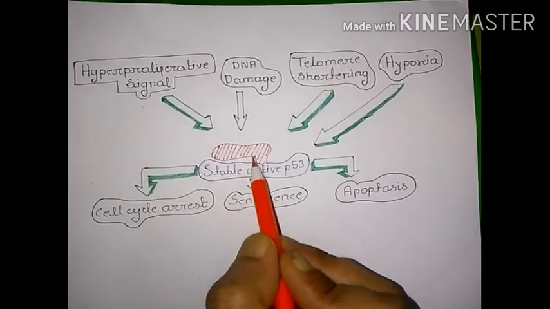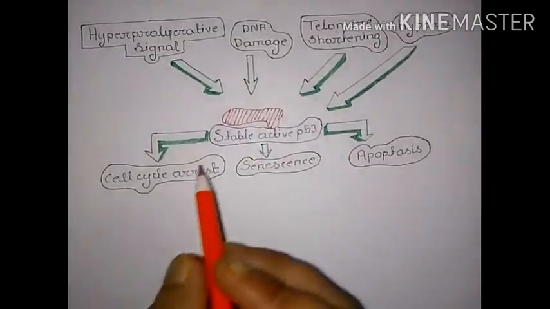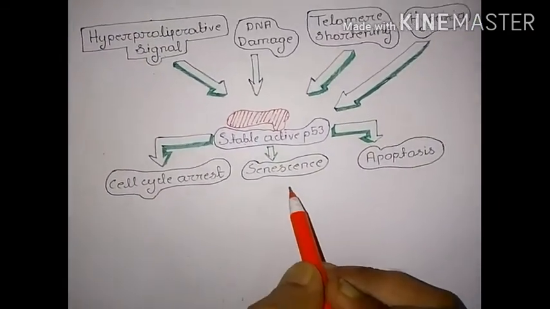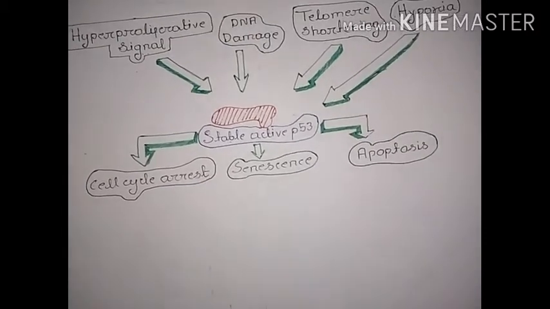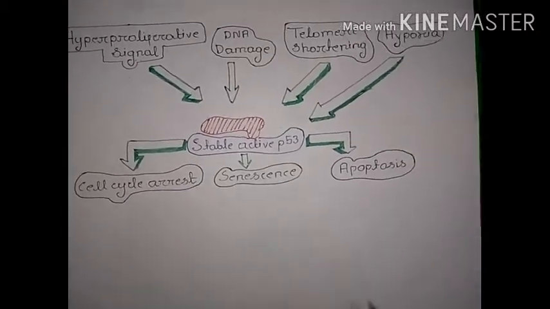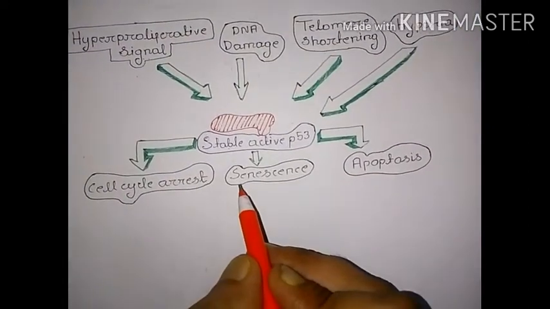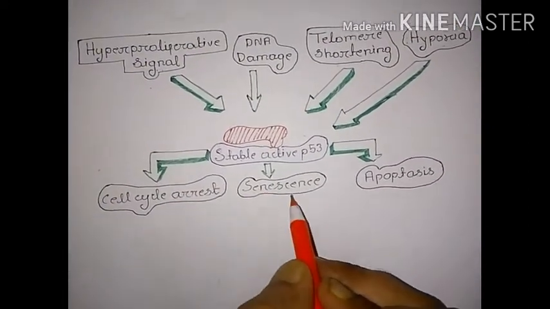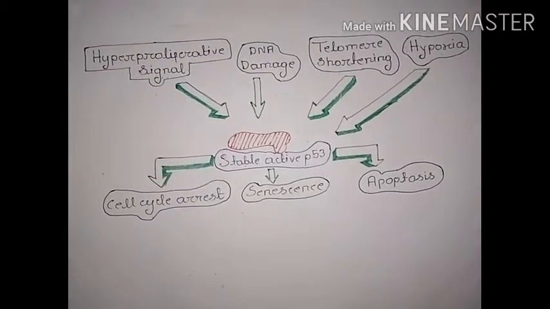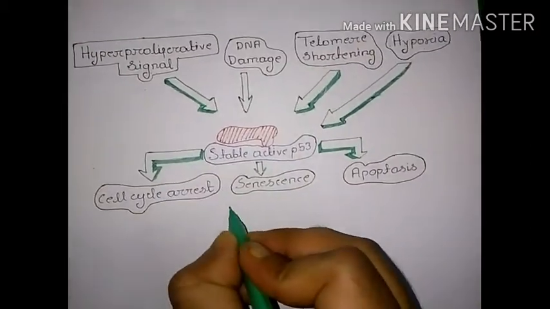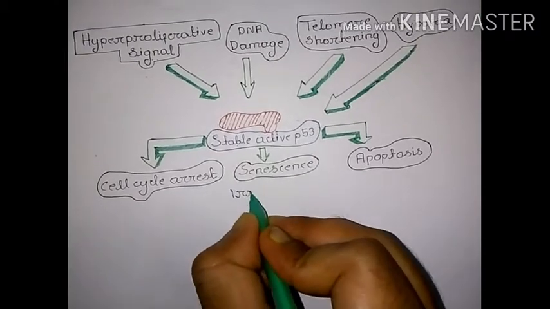So now the activated form of p53 helps in cell cycle arrest if the DNA cannot be repaired by the repair mechanism. So it leads to apoptosis, or ultimately it undergoes senescence. What is senescence? Irreversible cell arrest.